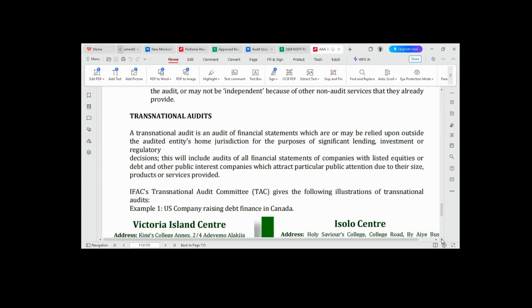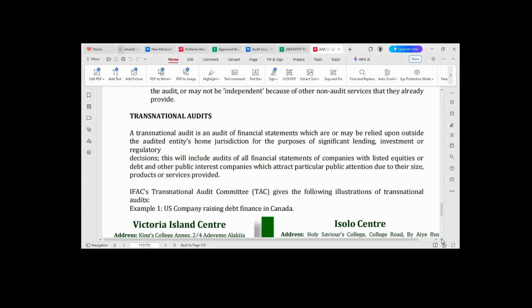Because the bank is aware that Nestle Nigeria has a parent company in Holland, the bank will not only be interested in the financial statement of Nestle Nigeria. Rather, it's going to request the financial statement of the holding company in Holland. Why do you think this is necessary? The reason is that in case Nestle Nigeria cannot pay due to one thing or the other, the parent company in Holland will step in.